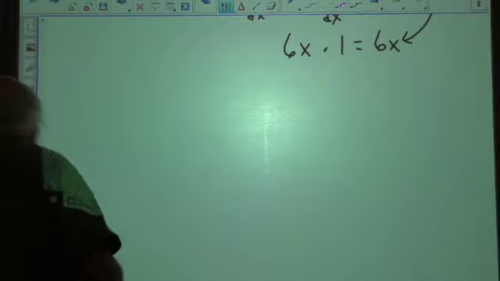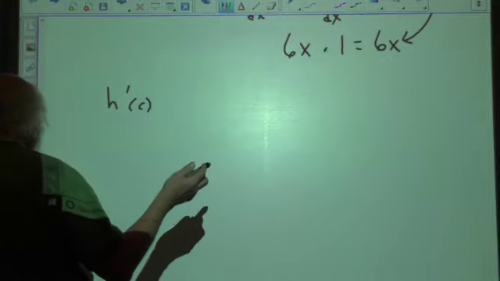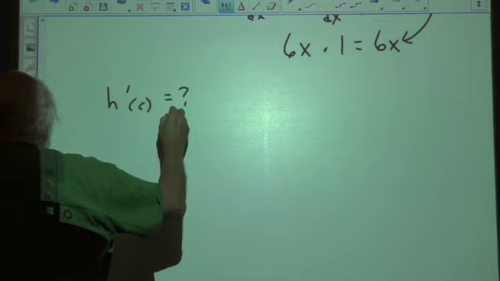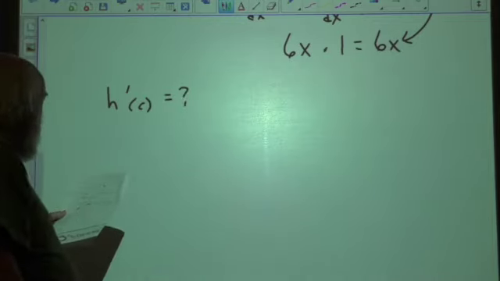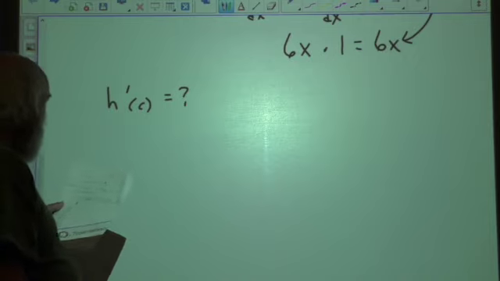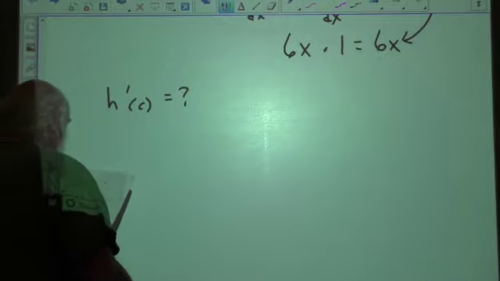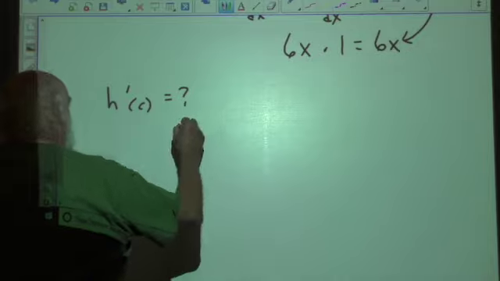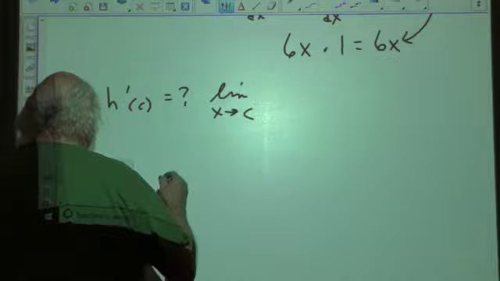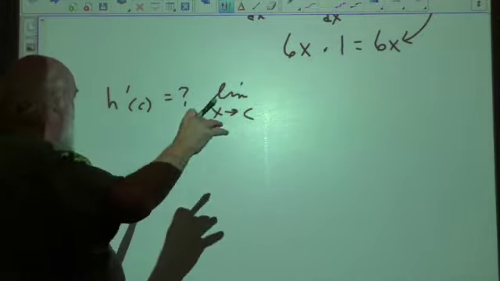Well, let's suppose that we have the derivative of h at c and we want to find out what this is. Okay, now, if we are going to assume that this is going to be the limit as x approaches c of delta y over delta x.